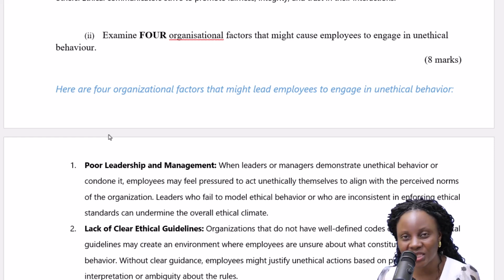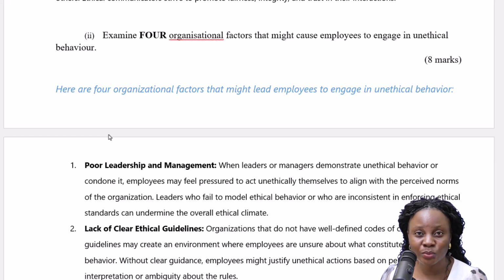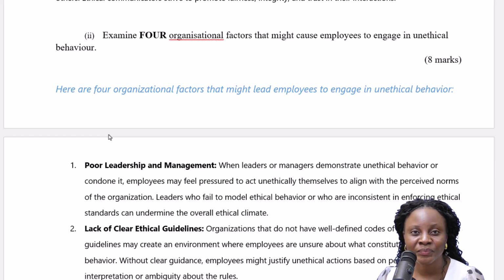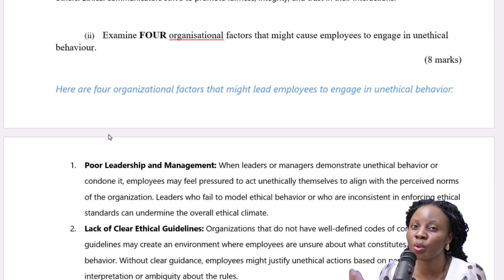If you don't do this, you are going to get a punishment, or maybe some sort of suspension from the job. So employees in the organization will always strive to be ethical. But if there is no clear guideline on how to behave, they'll always misbehave.